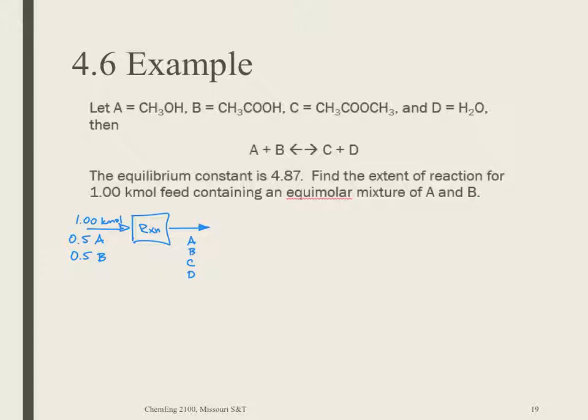Okay, so I can do a basis, and so I'm going to define this as my basis. I can do a material balance table. So I have the feed and the product.